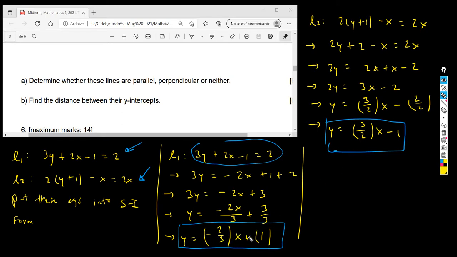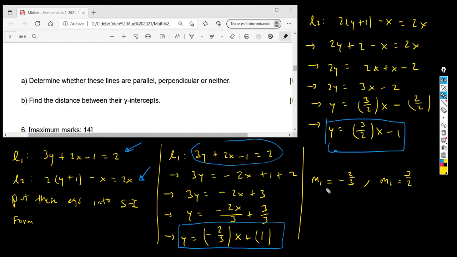If this is equation 1 for line 1, I can readily see that the slope is minus 2/3. And when I observe the same feature from the second line, I realize that the slope is 3/2, right?